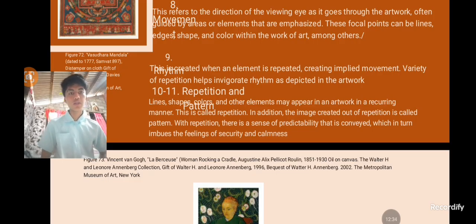With repetition, there is a sense of predictability that is conveyed, which in turn imbues feelings of security and calmness. Repetition or pattern involves recurring elements, lines, shapes, colors to form pattern, providing predictability, security, and calmness.